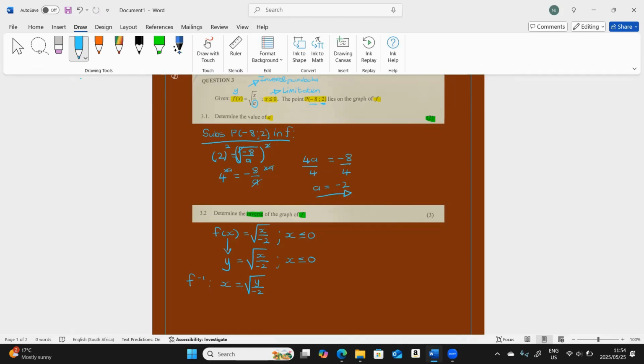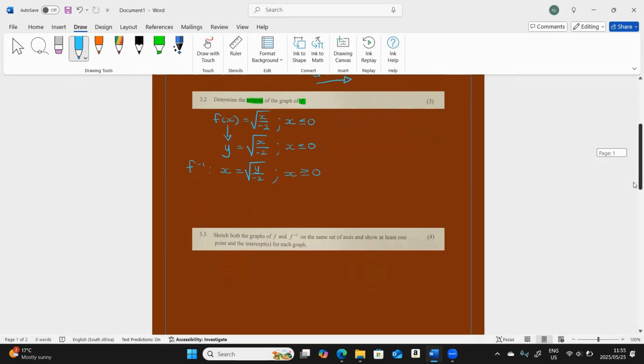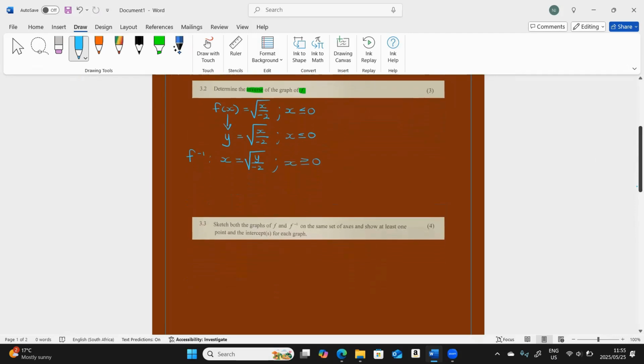We swapped around the x and y, and when we swap around the x and y, we also have to change our inequality from smaller than to greater than. And there you will get your mark already by changing your inequality. There's already one mark out of three. Sorry, at this stage you already have 2 out of 3.